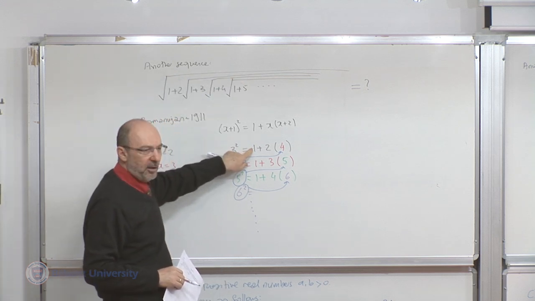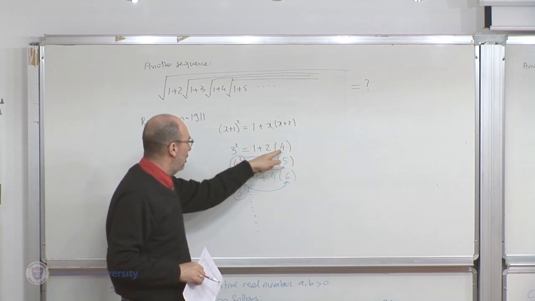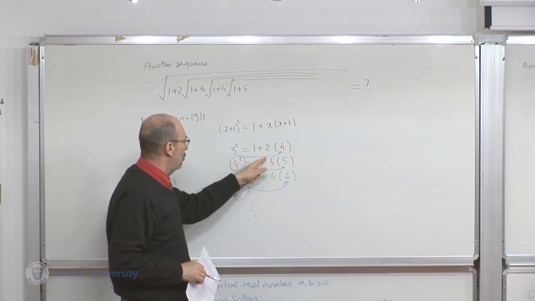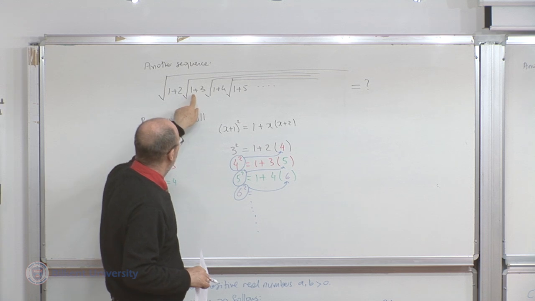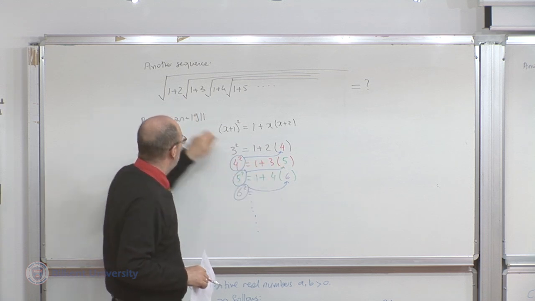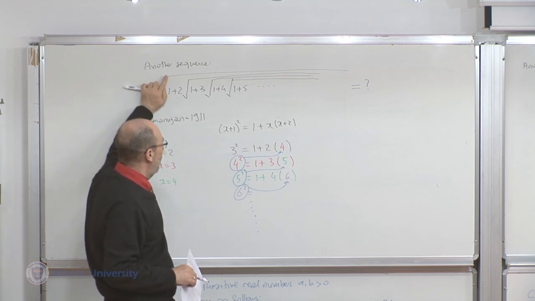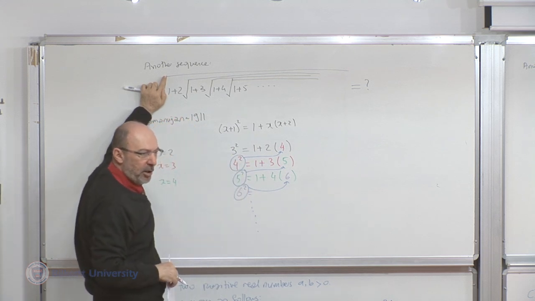Because here I am not taking any square root; all the square roots come after that. In order to write 4, I have to take the square root of this. You see that now this is 2 times the square root of 1 plus 3 times something, and that something comes with another square. So without this square root, I obtain the whole expression here, which is equal to 3 squared.